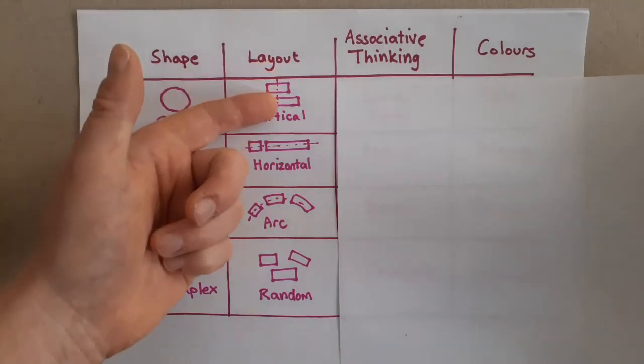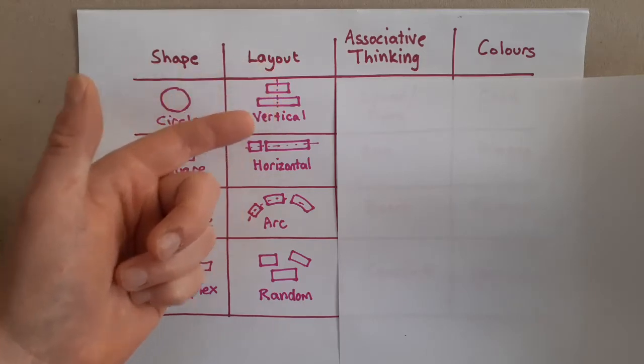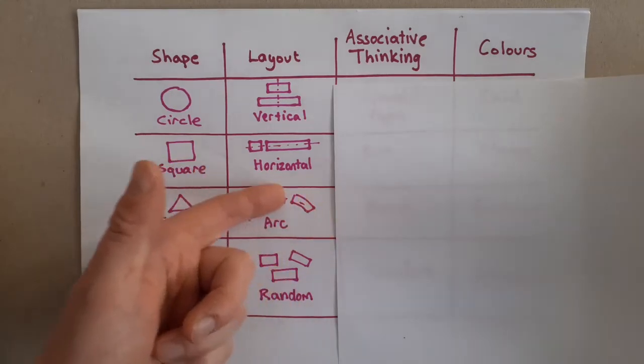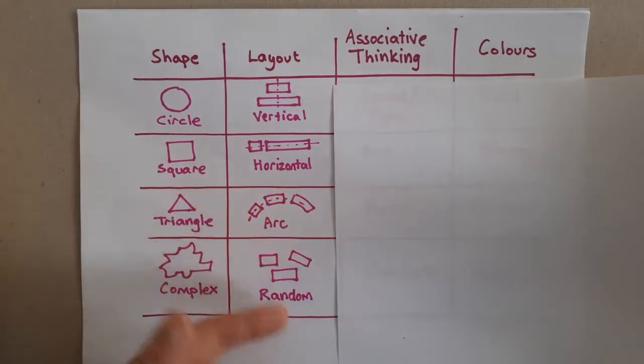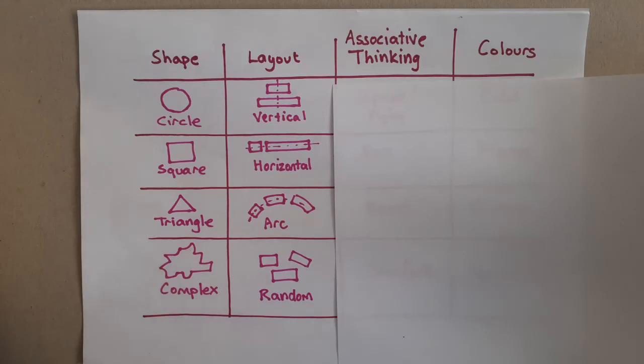Well, I could stack the elements vertically like this, centre align them top to bottom. I could put them in a row horizontally. I could arrange them in an arc, something like that. Or I could just throw them at random all over the place. A word here, a picture there, something like that. You can use these options, or you can do something a bit more interesting than this.